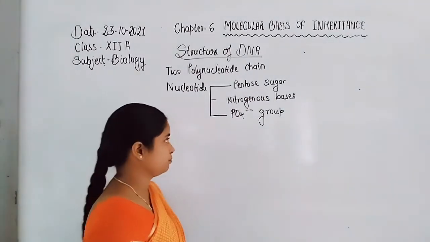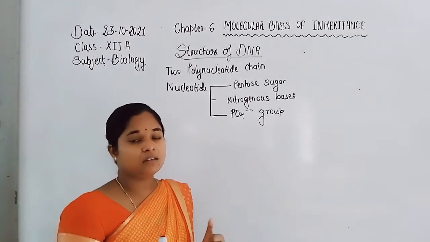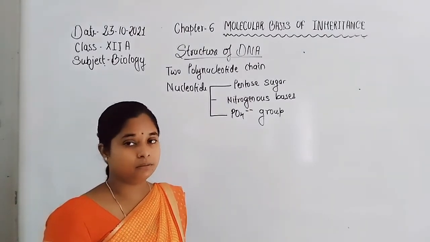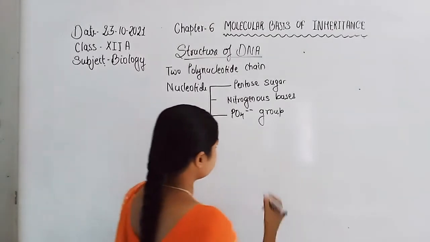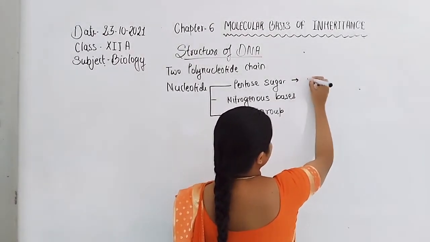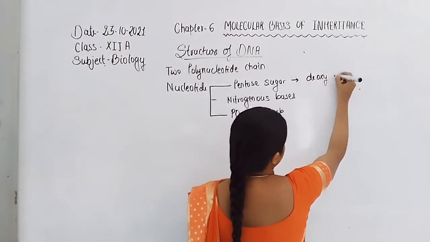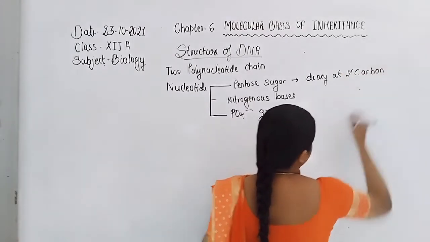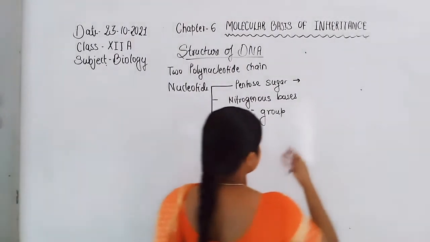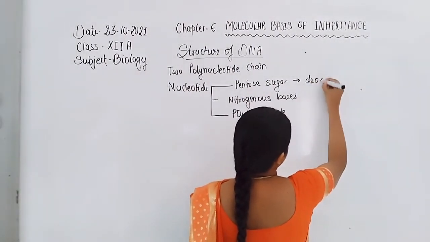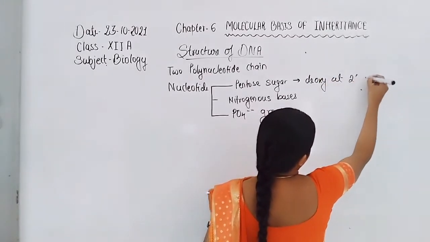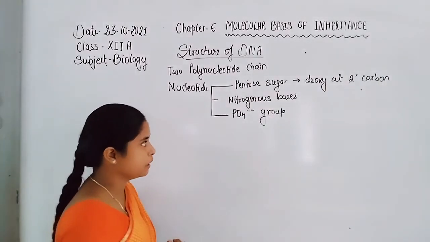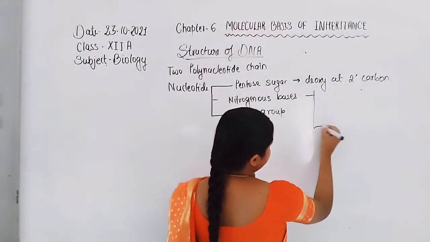Deoxy means the ribose sugar or pentose sugar lacks an oxygen group at the 2' carbon. So, deoxy at 2' carbon.